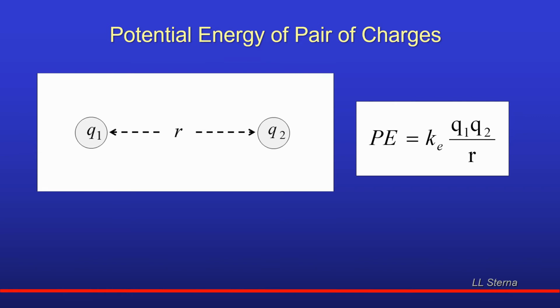Also consider this formula looks similar to the formula we looked at earlier for force, except two very important differences. Algebraically, force is K sub E Q1 Q2 over R squared. This is R in the denominator. It's not R squared.